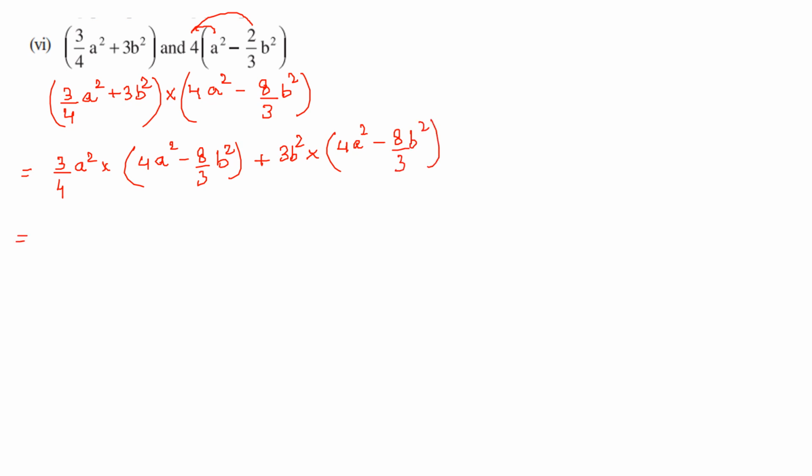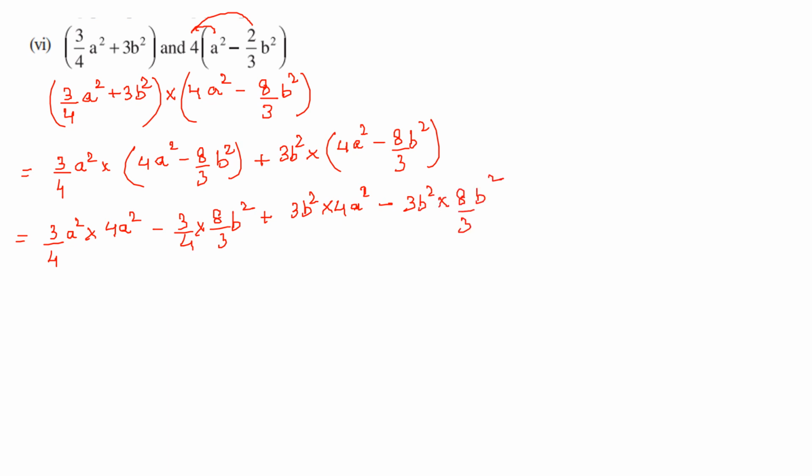Now next we have to use the distributive law. So 3 by 4a square multiply with 4a square, then minus 3 by 4 multiply with 8 by 3b square plus 3b square into 4a square minus 3b square into 8 by 3b square.